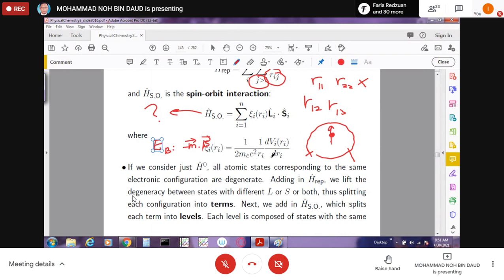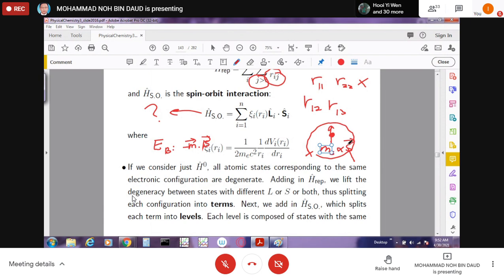And also we know the electron spin magnetic moment, these intrinsic properties of the electron, is proportional to the spin vector.